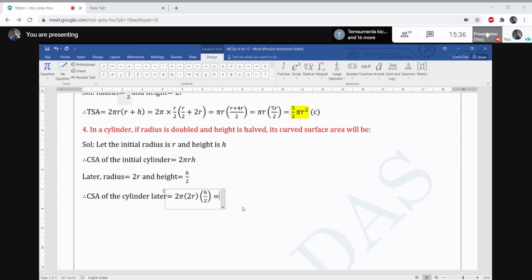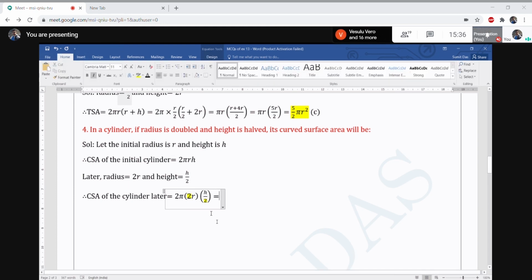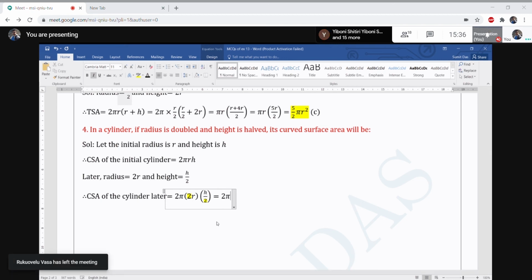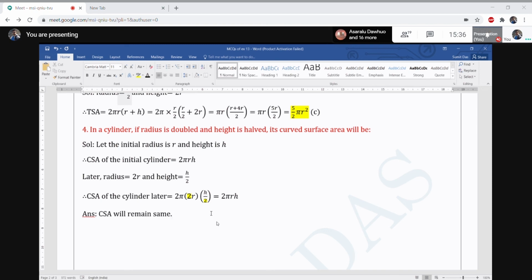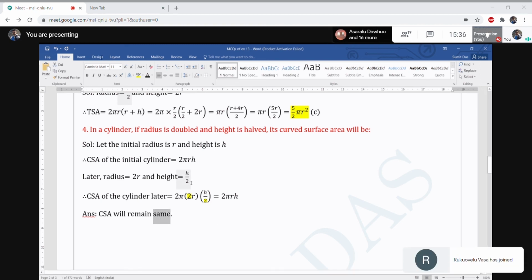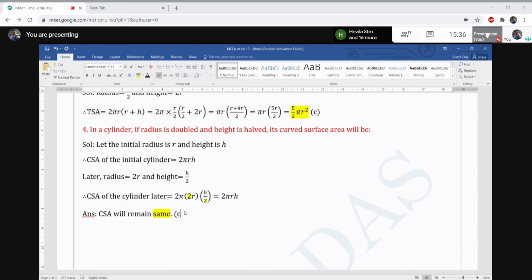If you simplify this one, look, you can see these 2 and this h by 2 will be cancelled. This both 2 will cancel. So what we will get? We will get 2 pi rh. Okay. So that basically, the answer will be CSA will remain same. That is a very interesting thing. You are changing the dimension, but it is remaining same. So option C is correct.